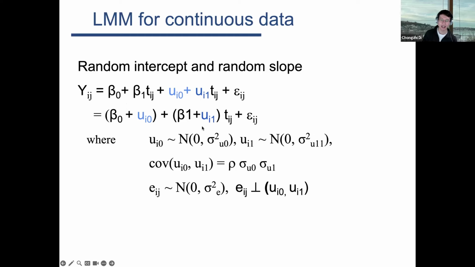So you really allow both intercept and slope to vary across individuals. Typically we assume both the random intercept and random slope follow a Gaussian distribution with different variances, and you typically allow them to be correlated as well. The epsilon is an error, independent of all the random effects.